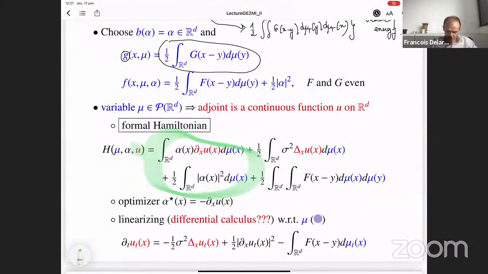And when you pass everything under the same expectation, the optimal feedback will be given by minus the gradient of the dual variable.